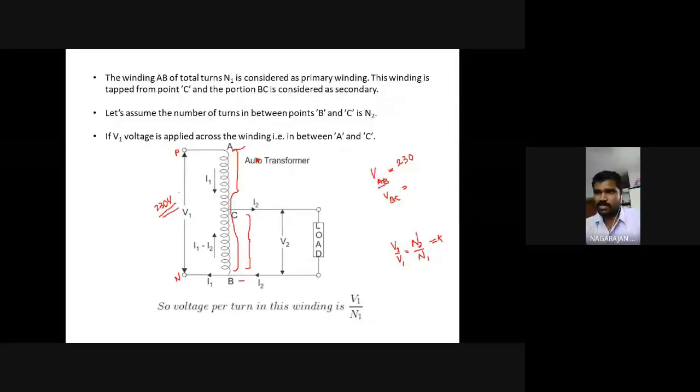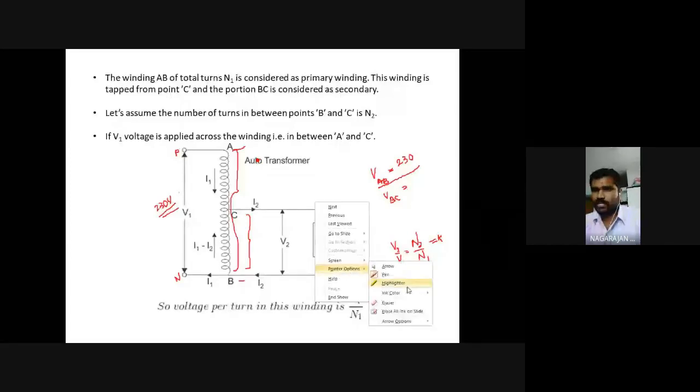VAB, that is the voltage across A and B terminals, is the same as what you give from the board supply panel. So if I have given reduced voltage from the panel itself, I get the reduced voltage across A and B terminals. Okay. So I am asking now, what is the voltage across B and C terminals? That is the terminals connected across the load.